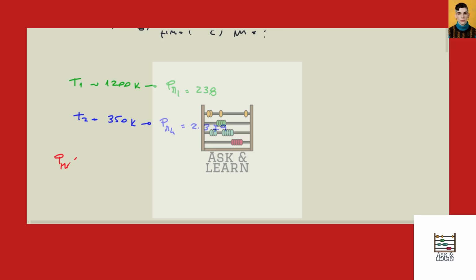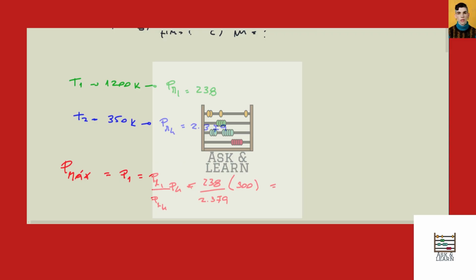The maximum pressure is going to be the P1 pressure, which is just the relative pressure divided by the relative pressure 4 times the pressure 4, which gives us 238 divided by 2.379, that multiplies 300.